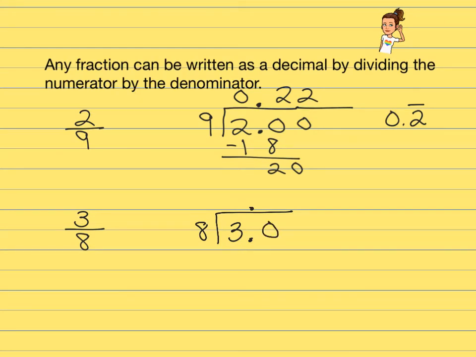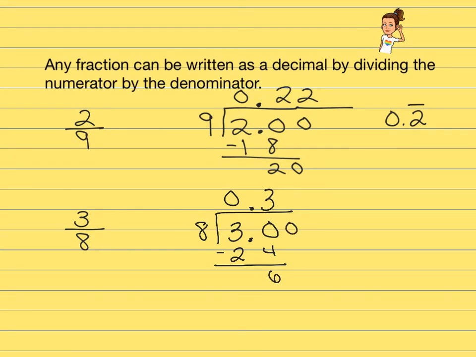Well, 3 divided by 8, that's going to be 0 groups. But if we read it as 30 and we move to the tens place, how many 8s can fit into 30? And we would say 3. 3 times 8 is 24. We subtract, we have 6.